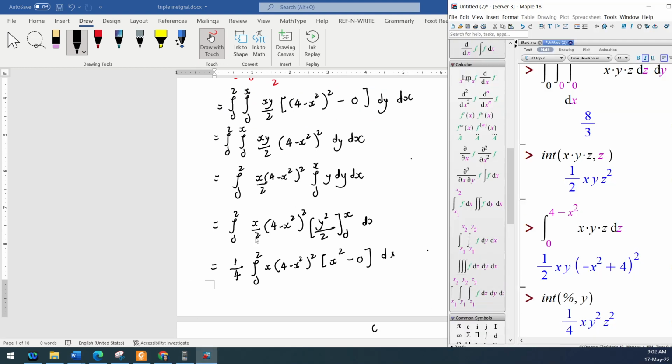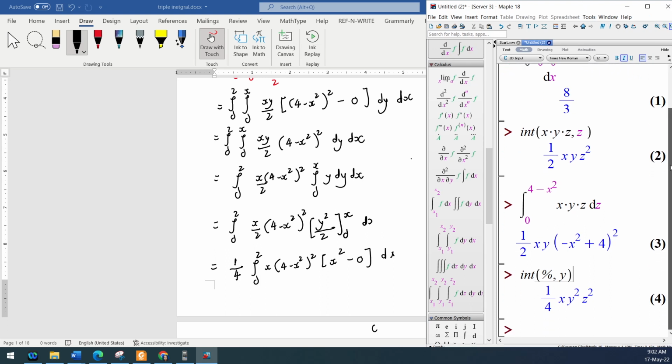So you get here half, 1/4 x times. This one is putting limit. This one integrates y without putting limit. You have x, and then where is it? Why do I get only x?